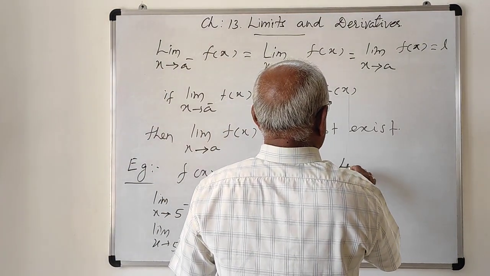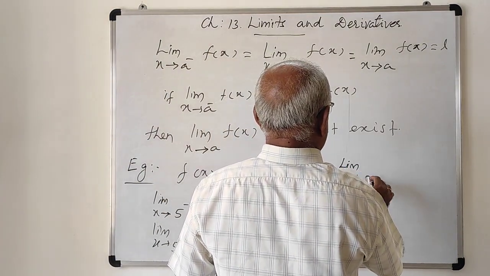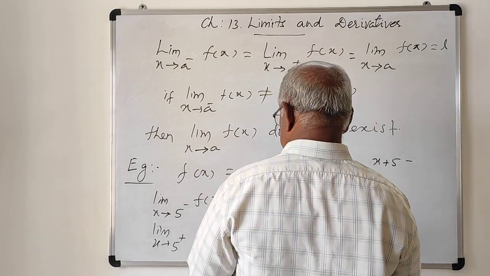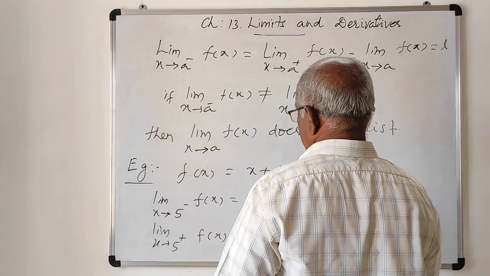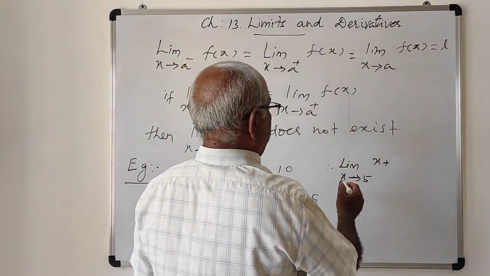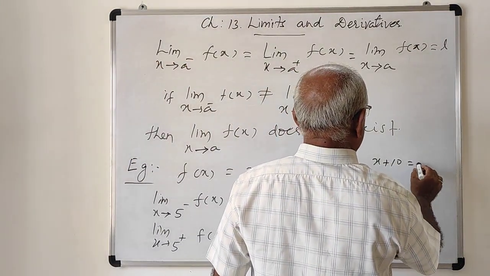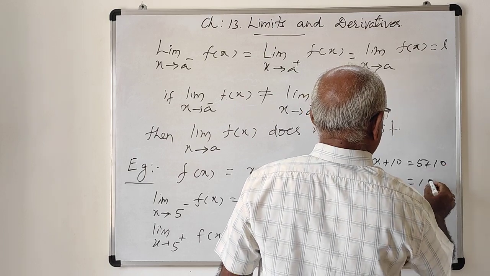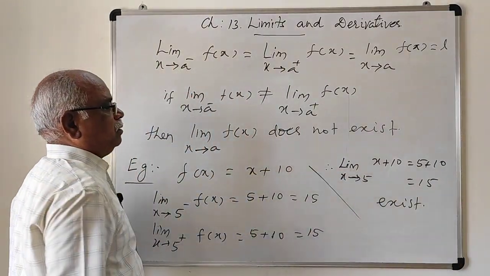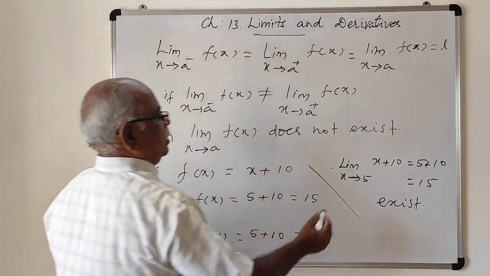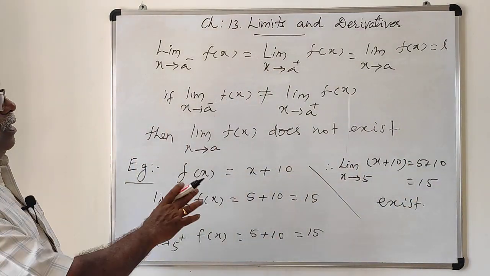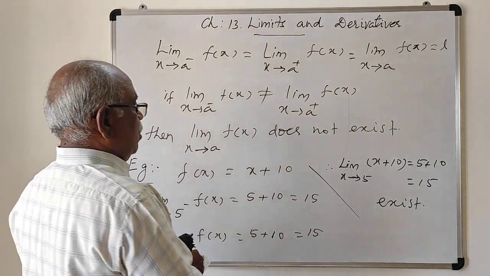Therefore, limit x tends to 5 of x plus 10 is equal to 5 plus 10, that is 15, and it exists. These two are equal. Therefore, the limit x tends to 5 of x plus 10 exists. Okay, this is the case where the left and right limits are equal.